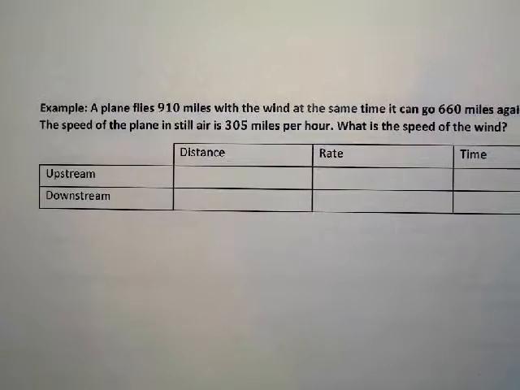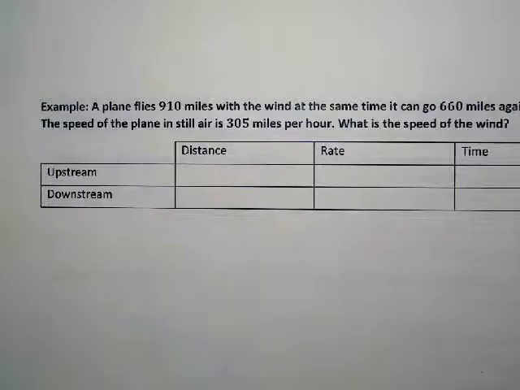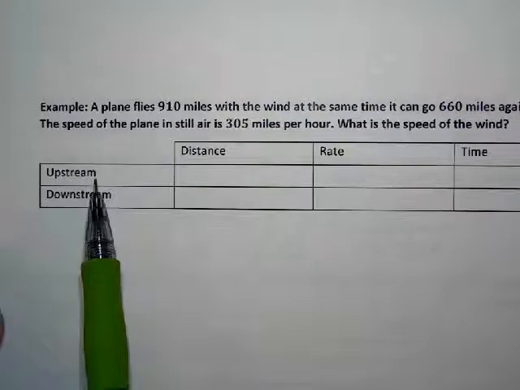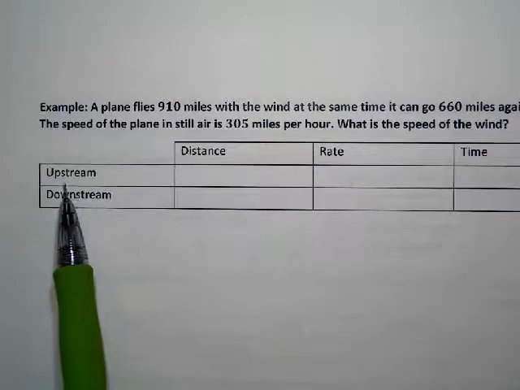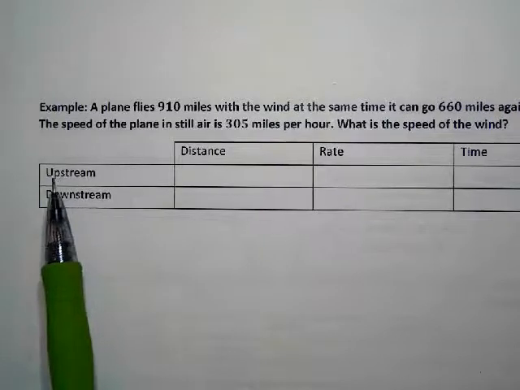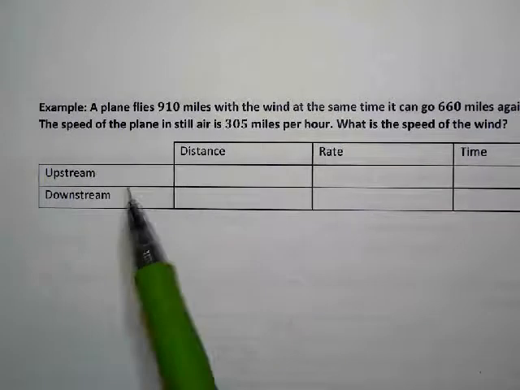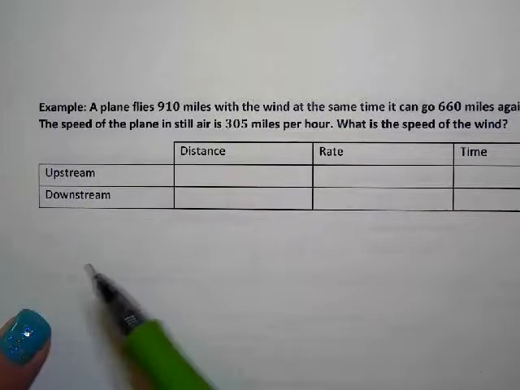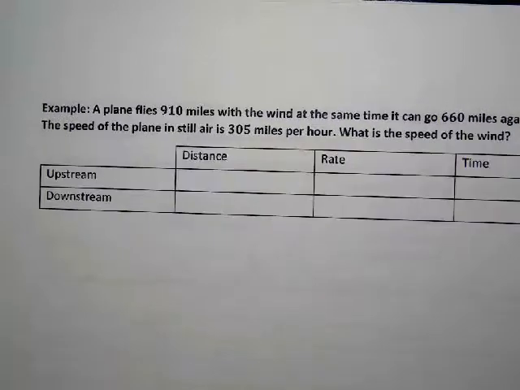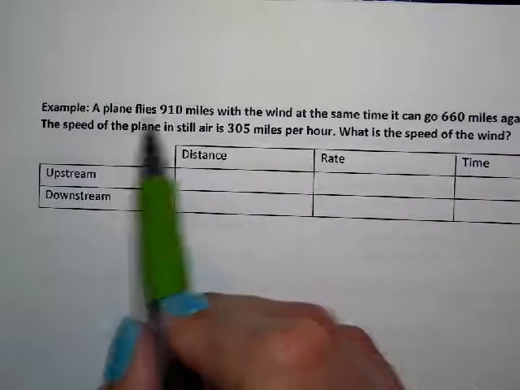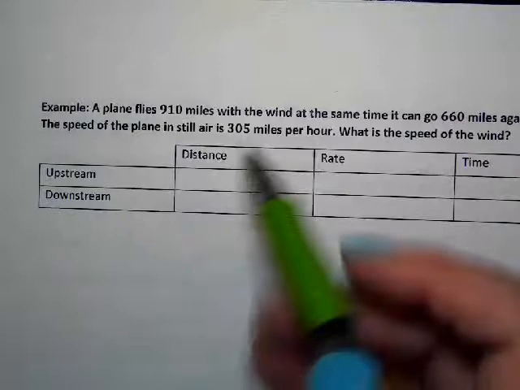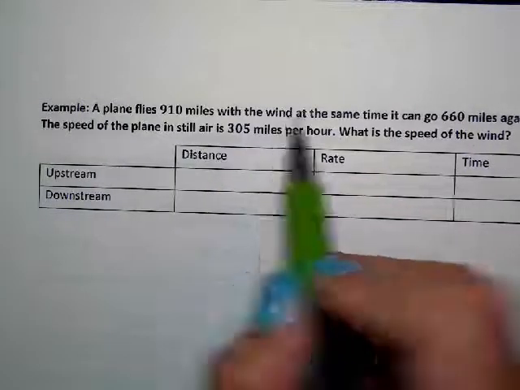The very last page. So here it says a plane flies. So this one, I did copy paste when I did these, so it still says upstream and downstream, even though it's a plane question and talking about wind. So we're going to have to adjust how this works for this problem, because obviously it's not upstream and downstream if we're talking about wind. So if a plane flies 910 miles with the wind, so which one would with the wind count?